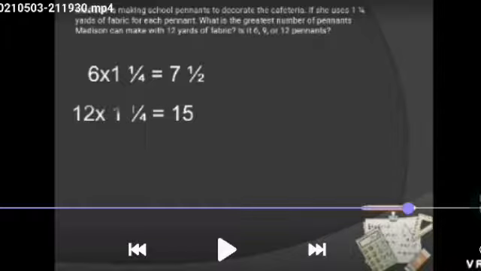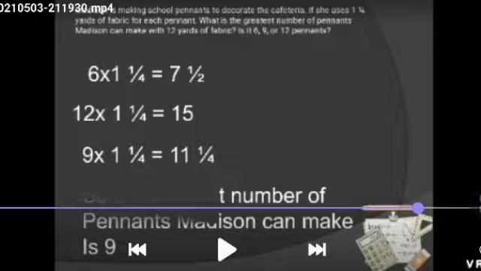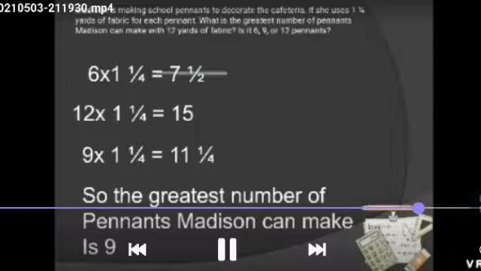Well, if you will use 1 1/4 for 12 pennants, that will exceed the 12 yards of fabric, as it is 15. So the only candidate that is possible to make the greatest number of pennants will be 9. So 9 times 1 1/4 is equal to 11 1/4 yards. So the greatest number of pennants Madison can make is 9.